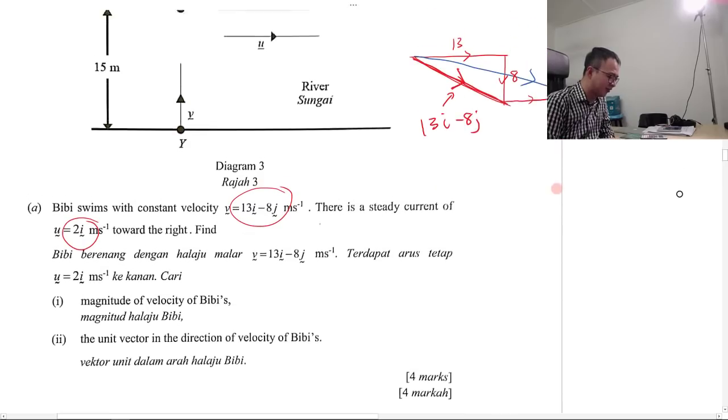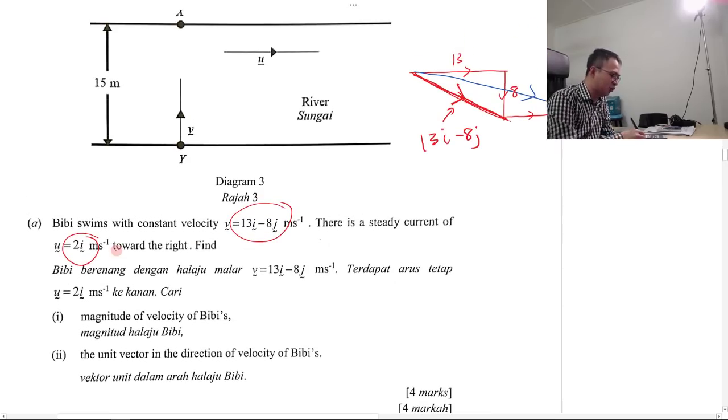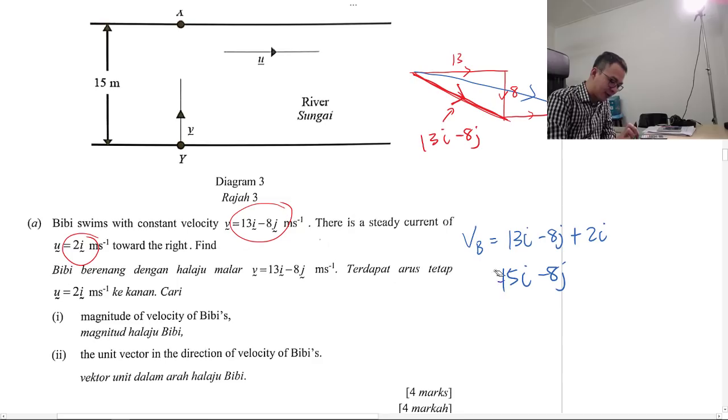Because in order to get the resultant vector, you just add these two vectors together. So I will say the resultant vector for PP is both vectors added together: the constant velocity plus the water, 2i. Then I will get 15i minus 8j. So if I get 15i minus 8j, I want to get its magnitude. It's very easy, right? 15 squared plus negative 8 squared, then you get 17.